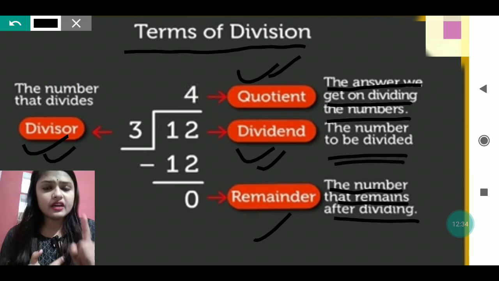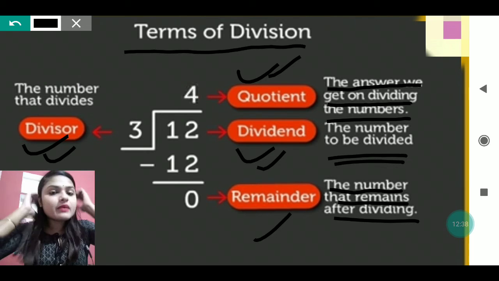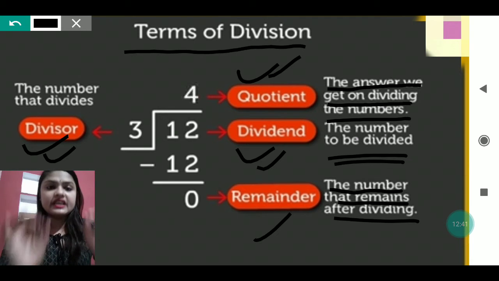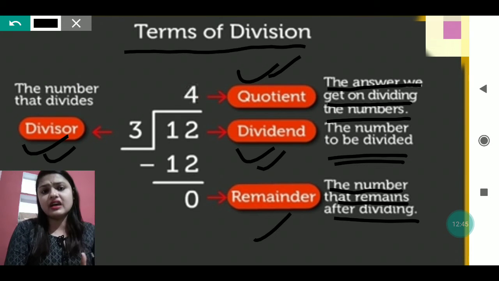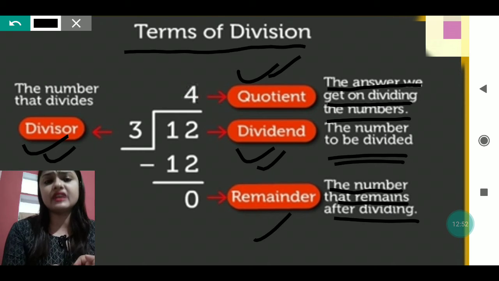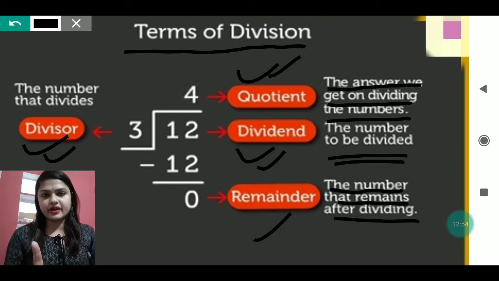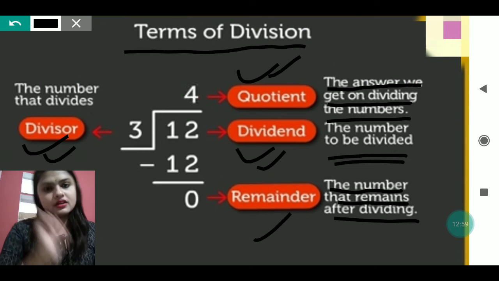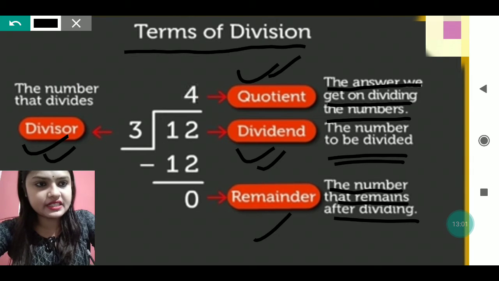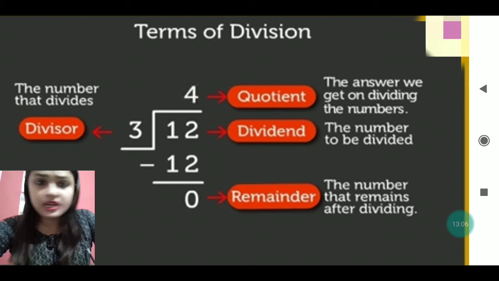Otherwise, if that number is divisible by the divisor, you cannot consider it the remainder. So the remainder should always be lesser than the divisor. Okay, terms, I think it is clear.